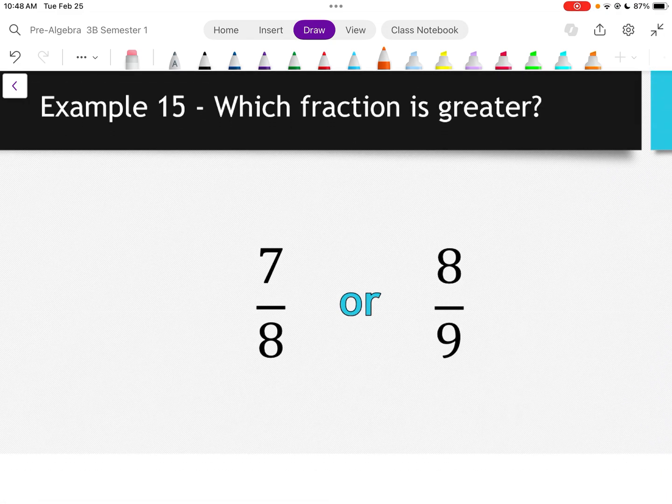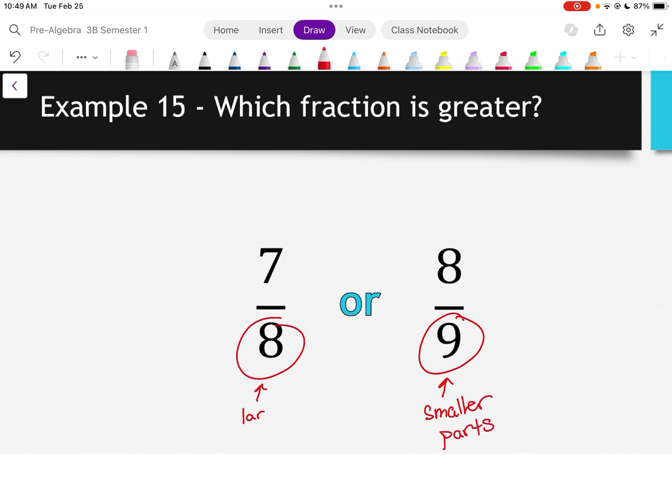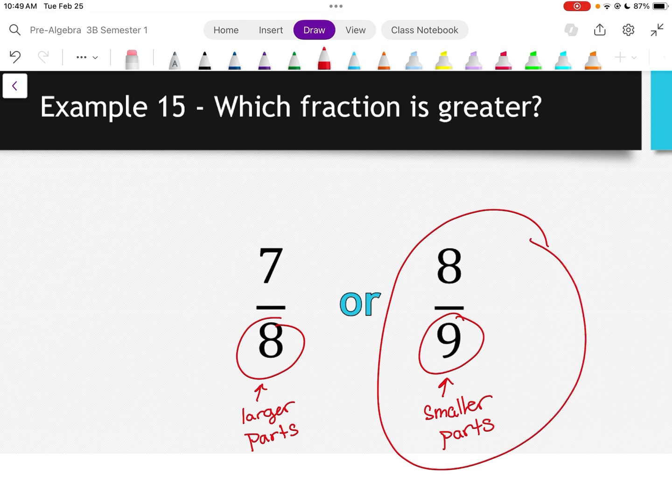All right, our next one, 7 over 8 and 8 over 9. Again, both of the numbers on top are one less than the denominator. So I'm going to think this one's split into 9 parts, so this one's going to have smaller parts. And this one's split into 8, so this one's going to have larger parts. So the one that only needs one more small part, that's going to be the largest number.